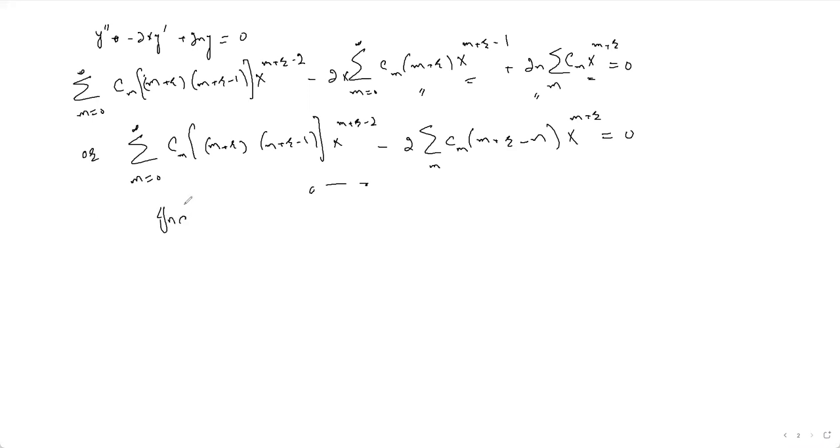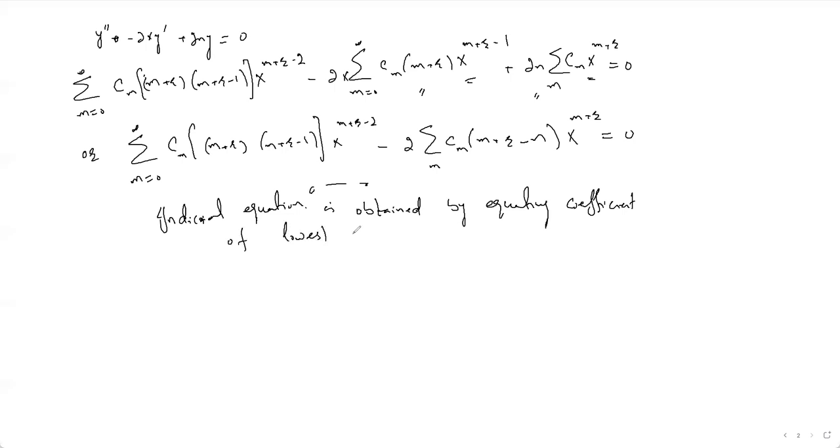Now the indicial equation is used to find the roots of the equation, that is, to get the values of r. The indicial equation for this case is obtained by equating the coefficient of the lowest power of x to 0. The lowest power of x here is x raised to m plus r minus 2, when we substitute m equal to 0.